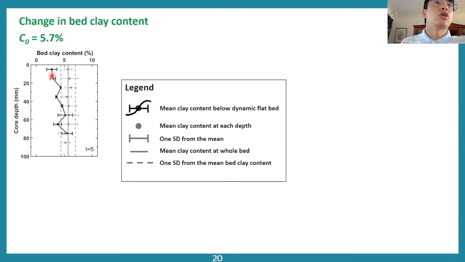The sediment cores show the top 15 millimeters layer had just half of the initial clay content. And below this layer, the clay content increased with the depth.